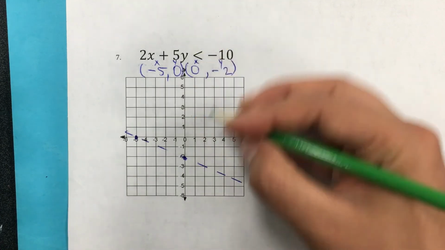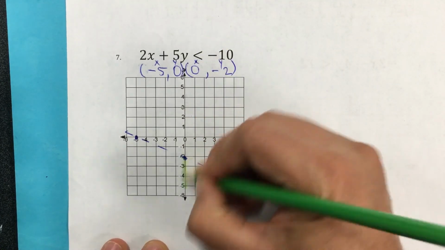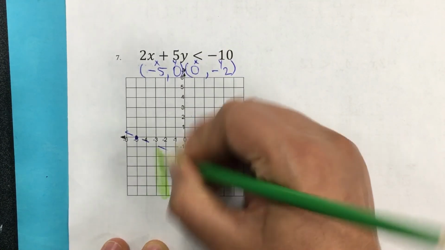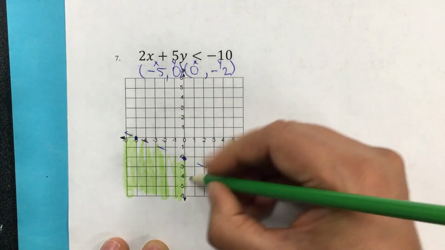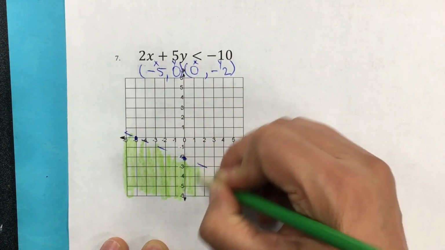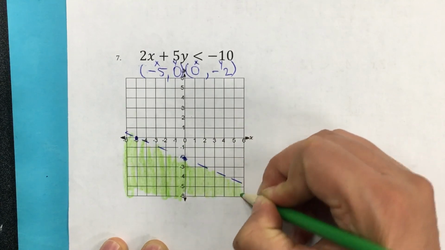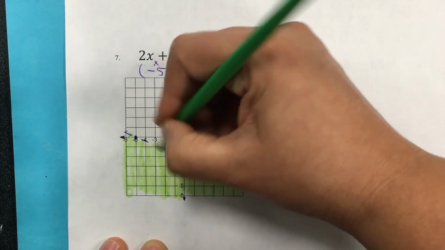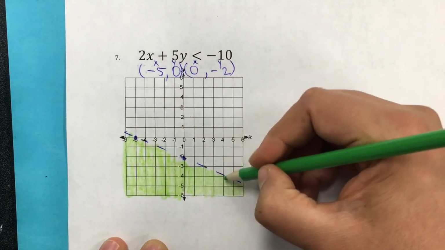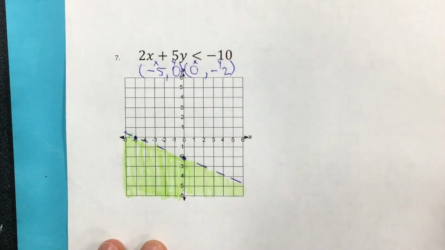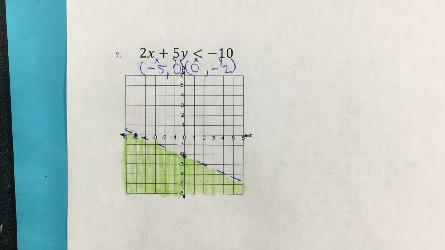We respect the symbol. Less than means less than the line, okay? Less than the numbers compared to the line, so it's below. Okay, and it means that it does not include the points on the line. Okay, with this, you're now able to work on 5.